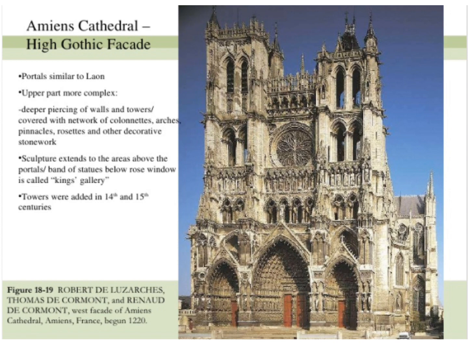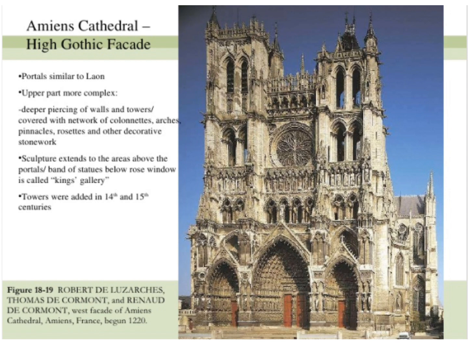Right below the stained glass rose window is a new technology or a new stylistic feature that is called the King's Gallery. It's a row of sculpture right underneath that rose window that is sculptures of the Old Testament kings.